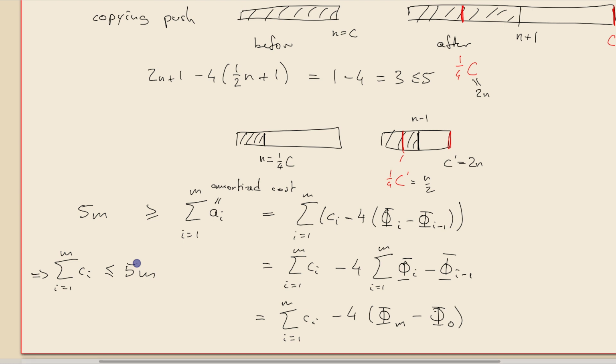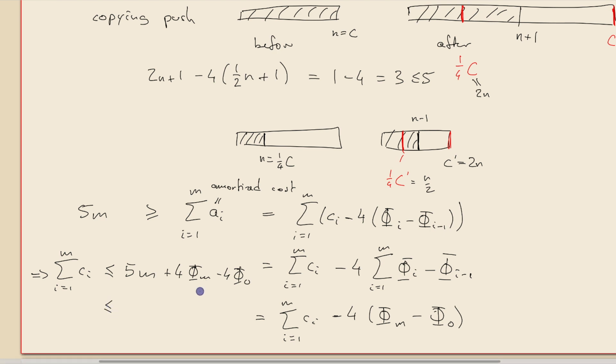And at this point we use that we have a bound on these. So let me spell it out. So it's plus 4 phi_m minus 4 phi_0.